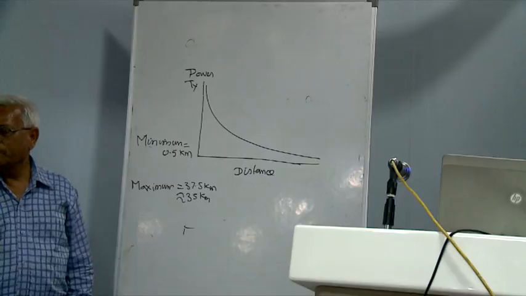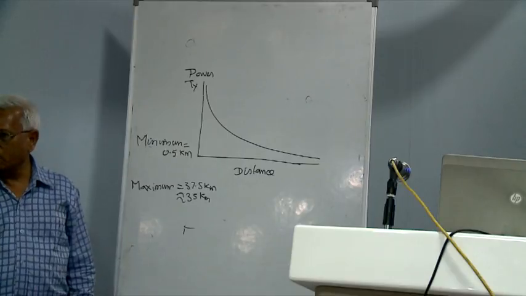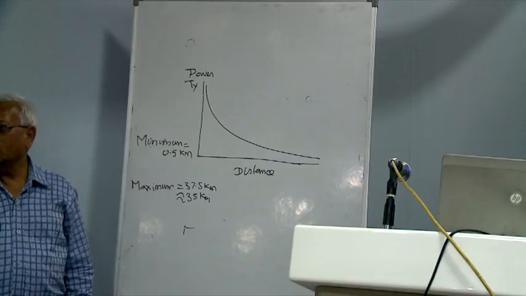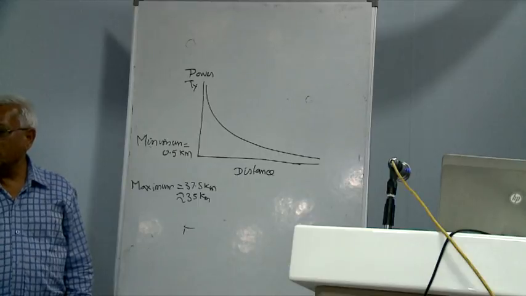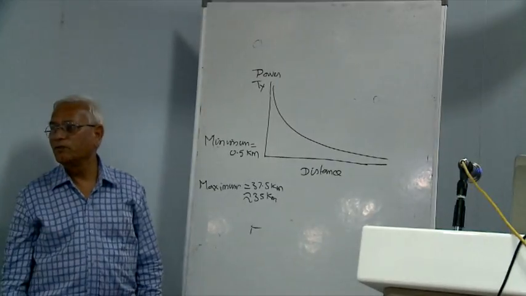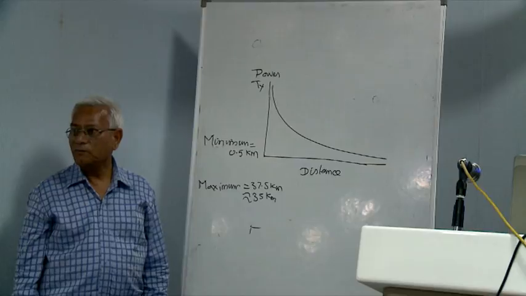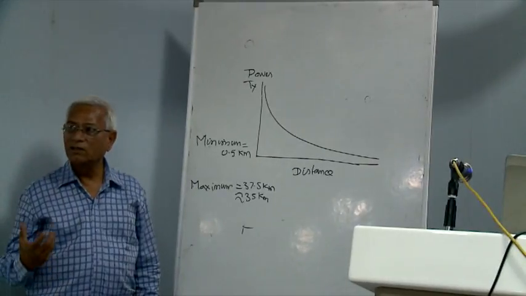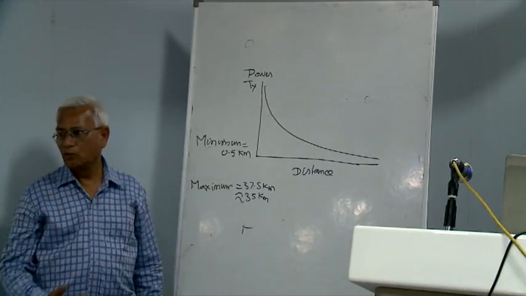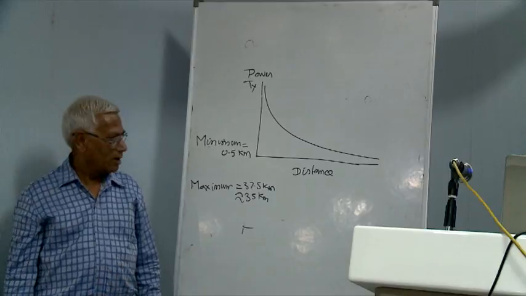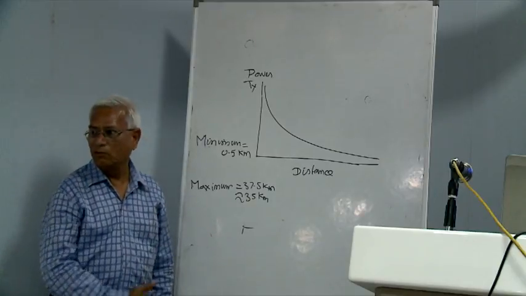I want to say here the number of subscribers is not dependent on the area in case of GSM. They are dependent on the cluster. So when we discuss the improvement in the coverage, we'll discuss these things.